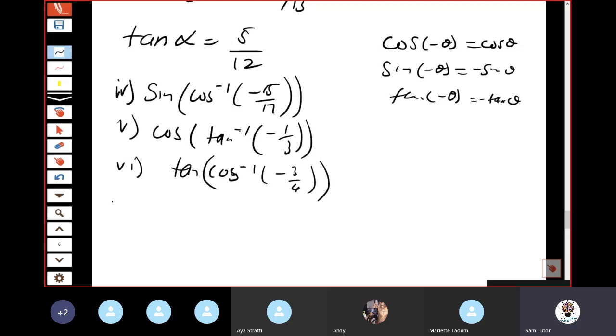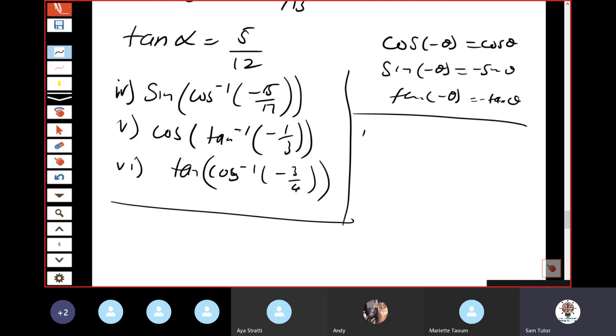IV. Cos inverse equals negative. So I think you guys get it. If this bit here becomes alpha, therefore I'm just going to write cos alpha equals -15/17. Draw my triangle.